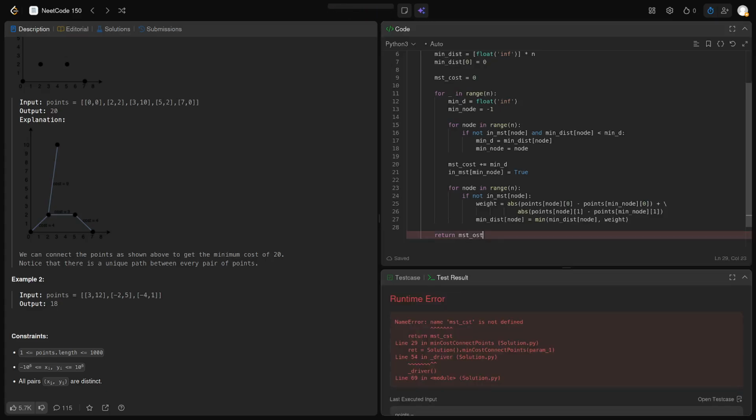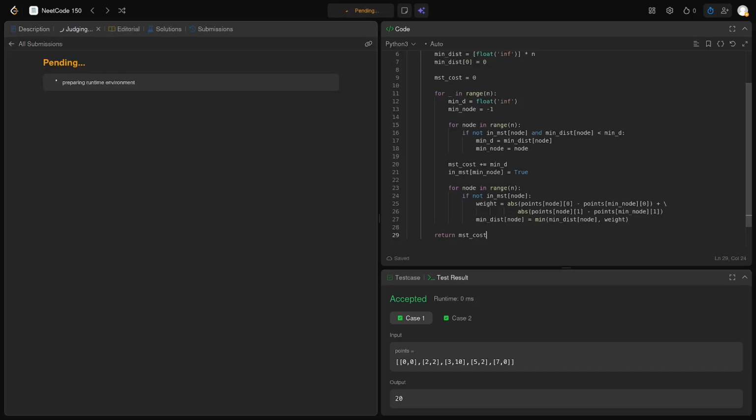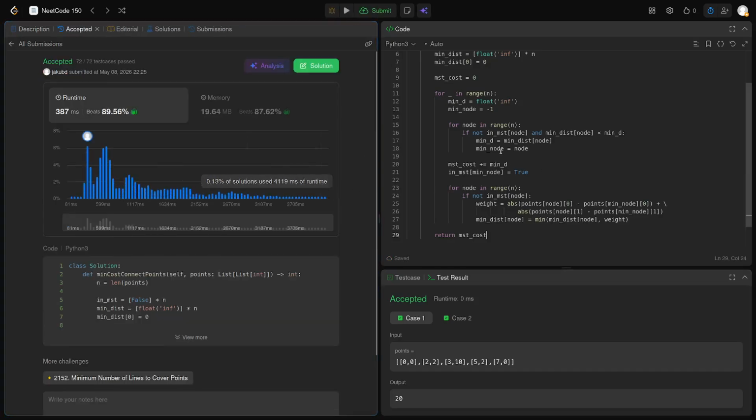And then return MST cost, and that immediately works, and that's almost fastest.